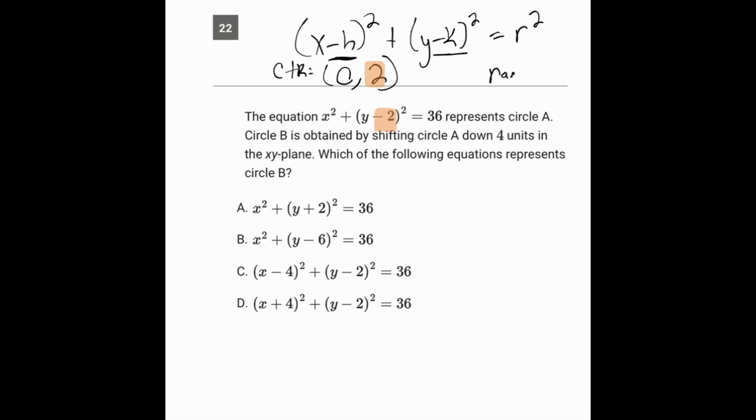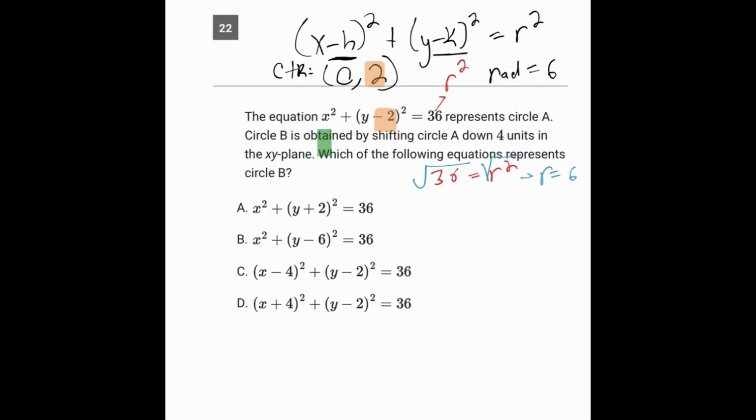And the radius is 6 because this number right here, that's your r squared. And if 36 equals r squared, and you take the square root of both sides, what you'll get is plus or minus 6. And for geometry, we really only want the positive 1. So the radius is 6.